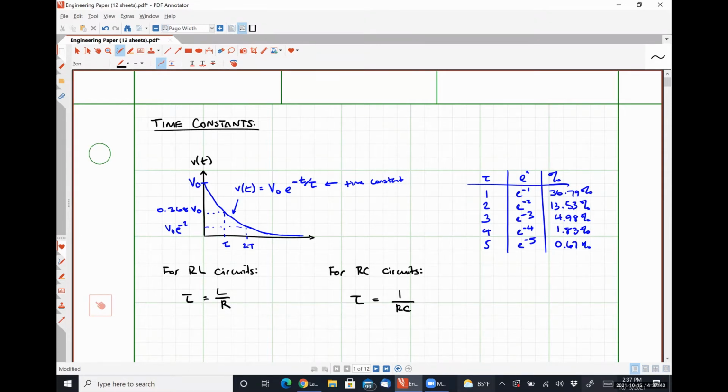But I'm going to modify, I believe it was step 4, which said calculate LEQ or calculate CEQ or whatever, to just be determine the time constant so that it's the exact same step regardless of any circuit that we have, okay? So if you can remember these two simple relationships, and that the voltage drop across a capacitor does not change abruptly, and the current flowing through an inductor does not change abruptly, you effectively have all of the information you will ever need to know with regards to how to analyze practically any and every first order transient analysis problem you could ever see.